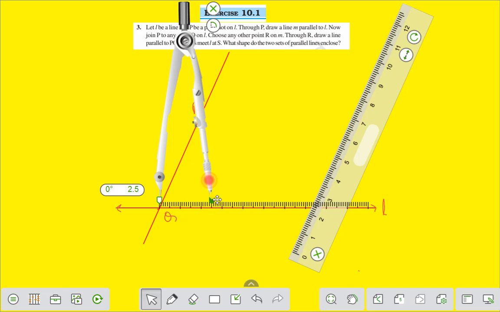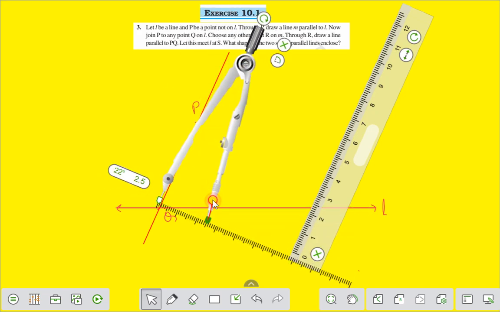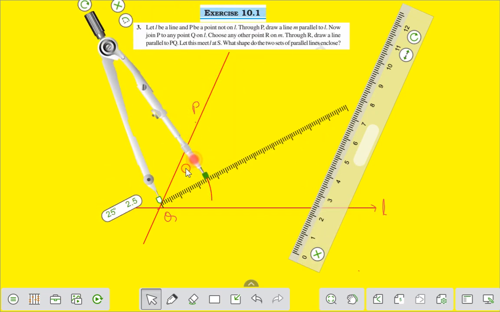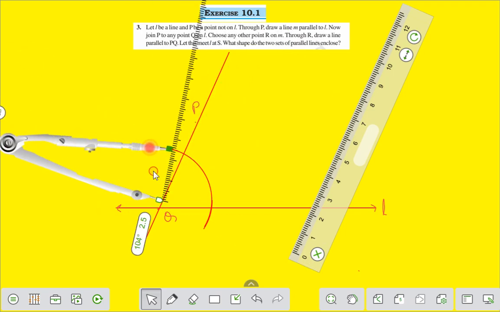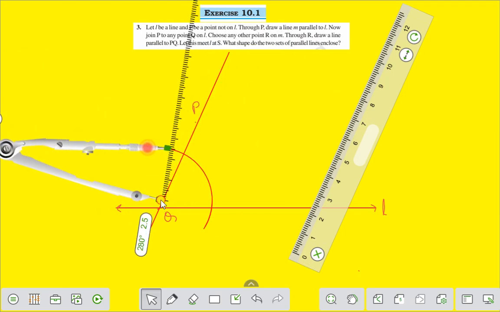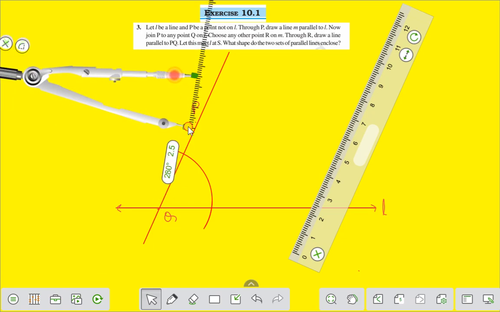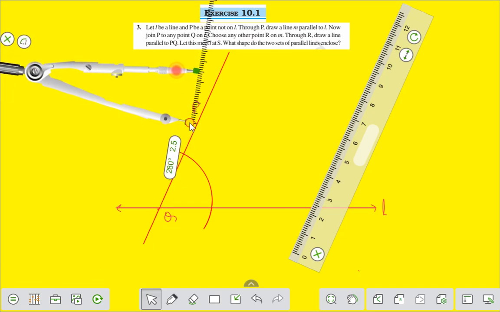Right? Again we are taking this point at the point P and draw another arc at this point.